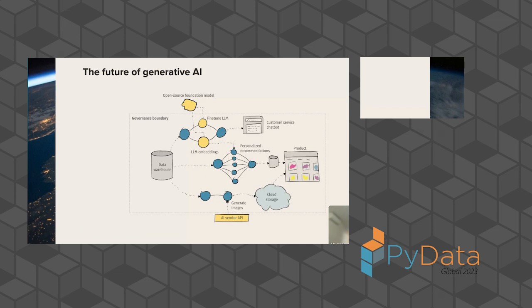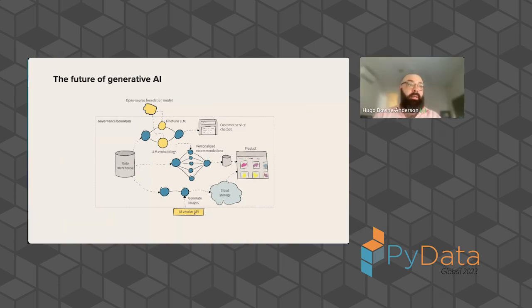a potential example. There are many ways we can think about this, but we know, for example, that a lot of the time we'll be pinging vendor APIs and/or using open source foundation models. So in this example, we have a customer service chatbot and a product that's powered by a lot of this generative AI stuff. So we have an open source foundation model, which we're fine tuning the large language model, then using it to generate some embeddings, and then powering a customer service chatbot using this.